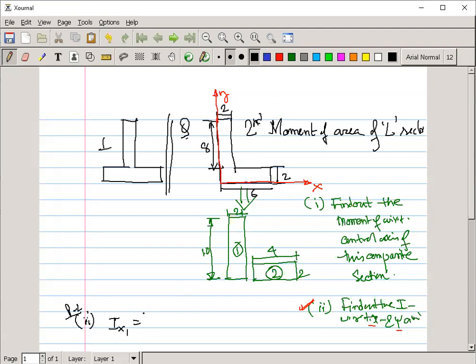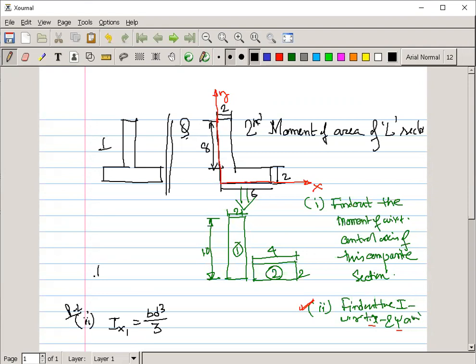The parallel axis theorem, which we saw in the last class: for any rectangle section, it is nothing but BD cube by how much? BD cube by 3, when we apply the moment of inertia formula for the case where the axis is at the edge. Do you remember? I have already done this, right?